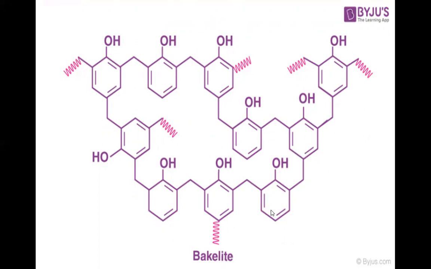This bakelite is also an important thermoset plastic resin, and it is named after the scientist Baekeland, who synthesized this resin in the year 1909, which I am going to discuss in the next lecture.